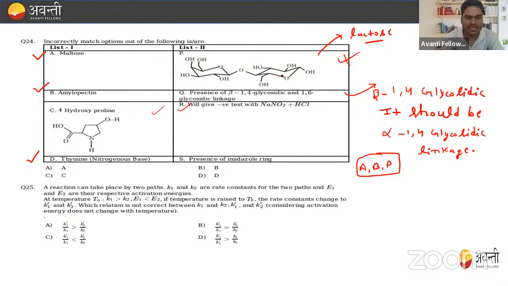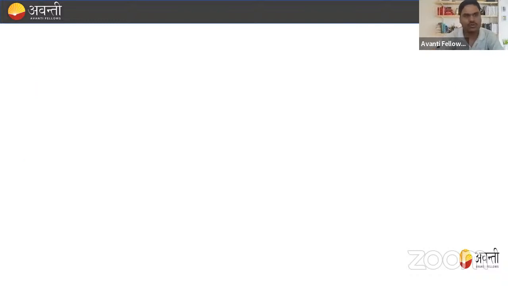So in this question, we have two activation energies, E1 and E2. A reaction can take place through two paths, either by K1 or through K2. Their activation energies are E1 and E2.